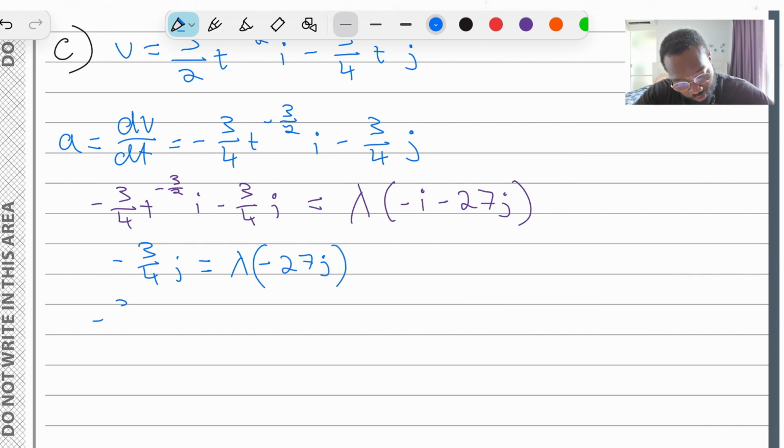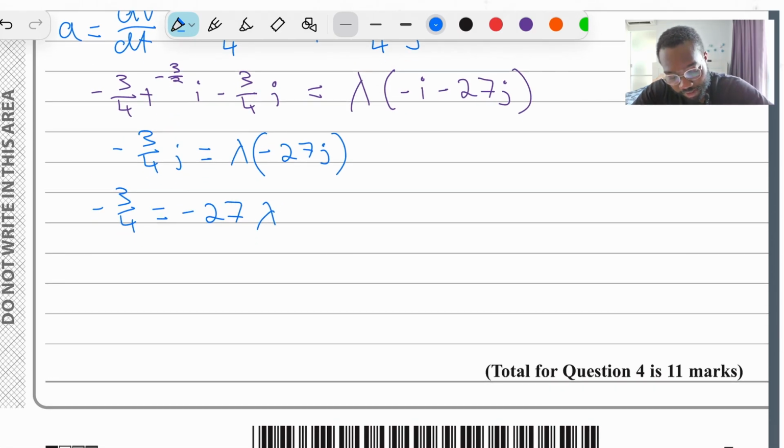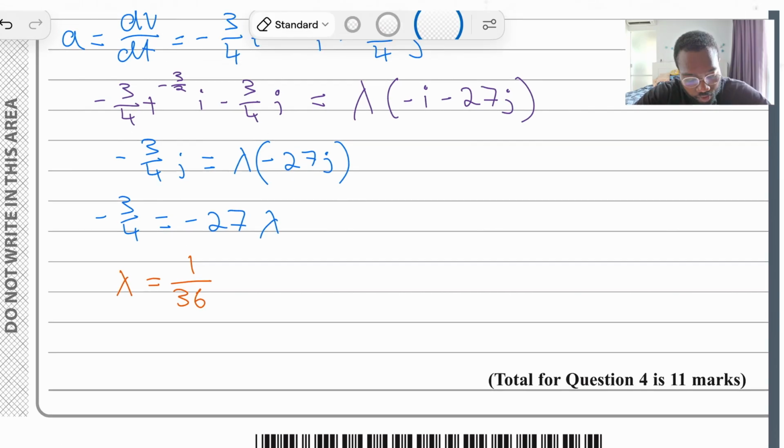So that means that minus 3 over 4 must equal minus 27 lambda, which means that if you just work this out, our lambda value is going to be 1 over 36.